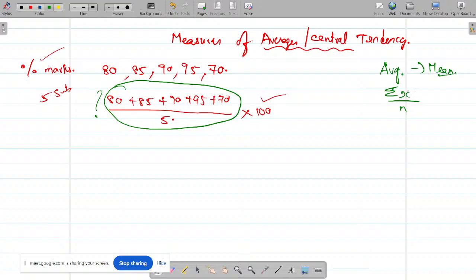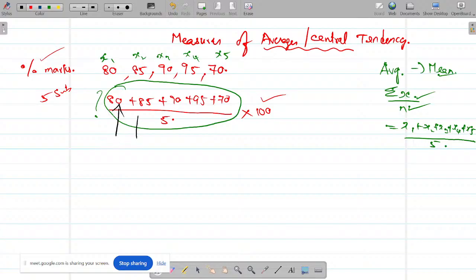So what do you do actually here? This is one x, name it as x1. This is one x, name it as x2. This is one x, name it as x3, x4 and x5. Summation x means you have to add all the x values, which is x1 plus x2 plus x3 plus x4 plus x5, divided by the number of x's, which is 5.